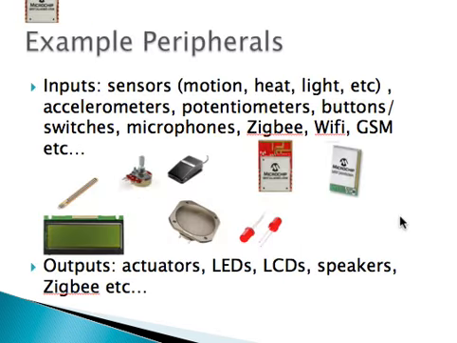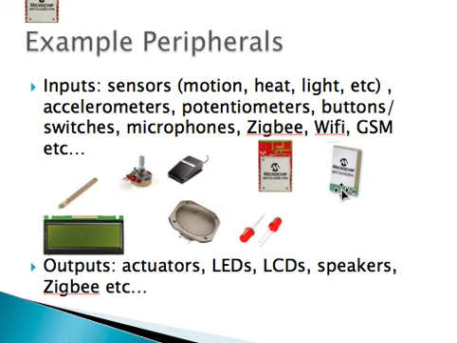Examples of peripherals could be any sensors, for example motion, heat, light, and so on. We could have accelerometer, potentiometer, buttons, switches, microphones.